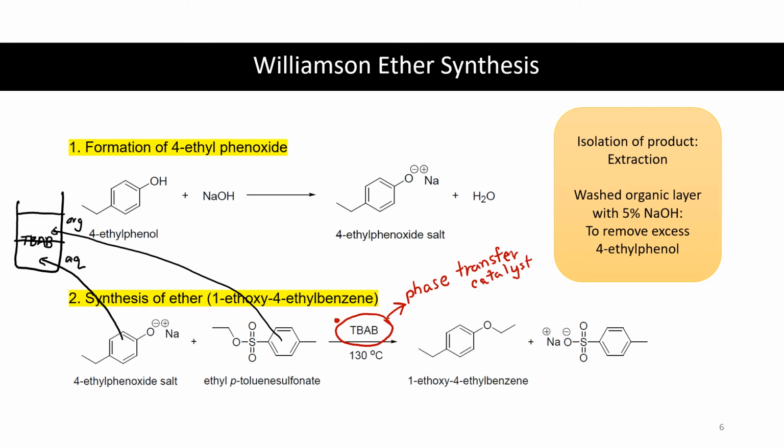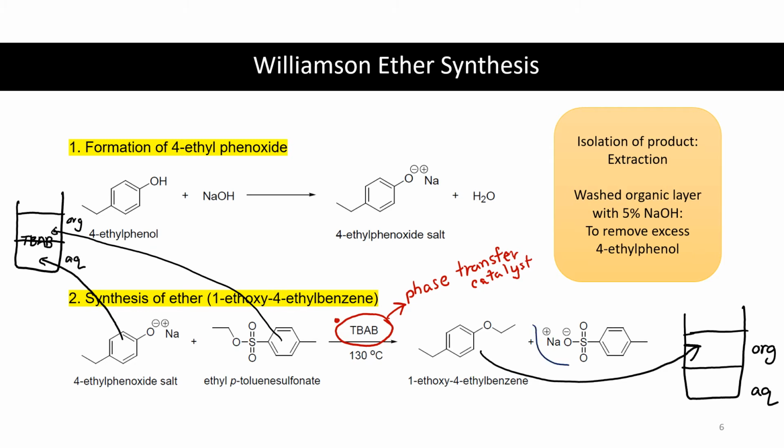And in the final mixture, aqueous, organic, the ether would be in the organic phase and this side product, you can see it's an ionic molecule, so it would be in the aqueous phase.